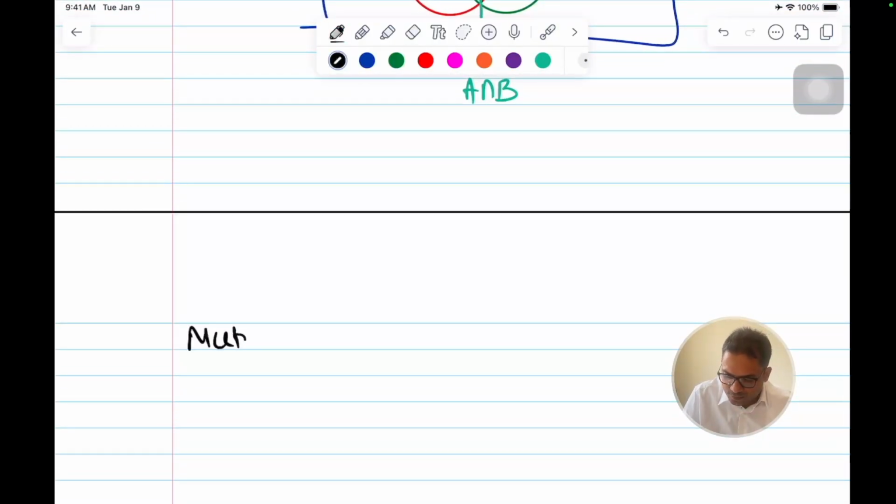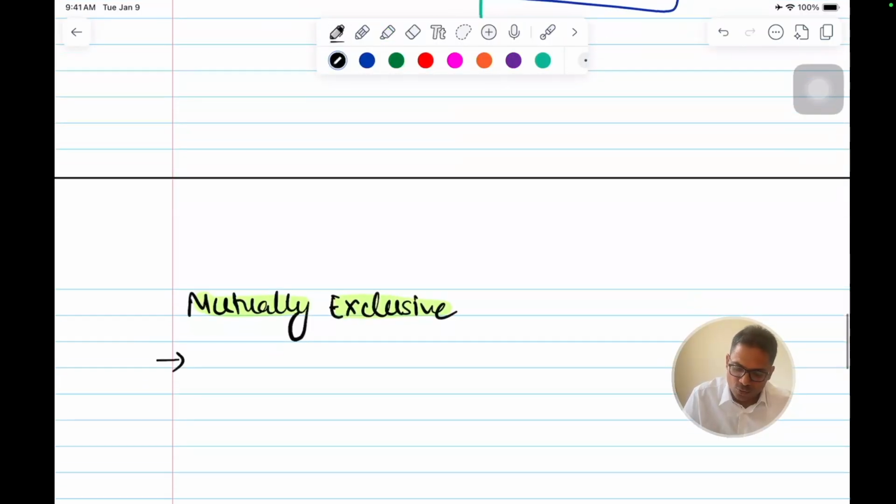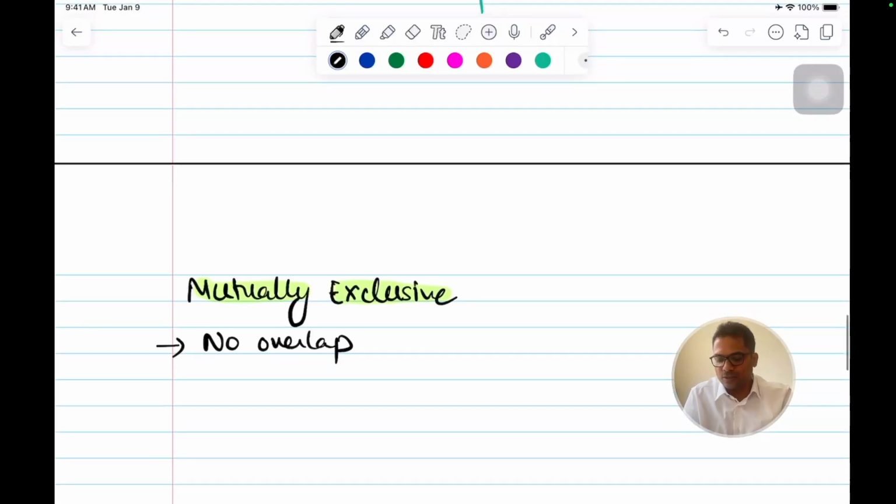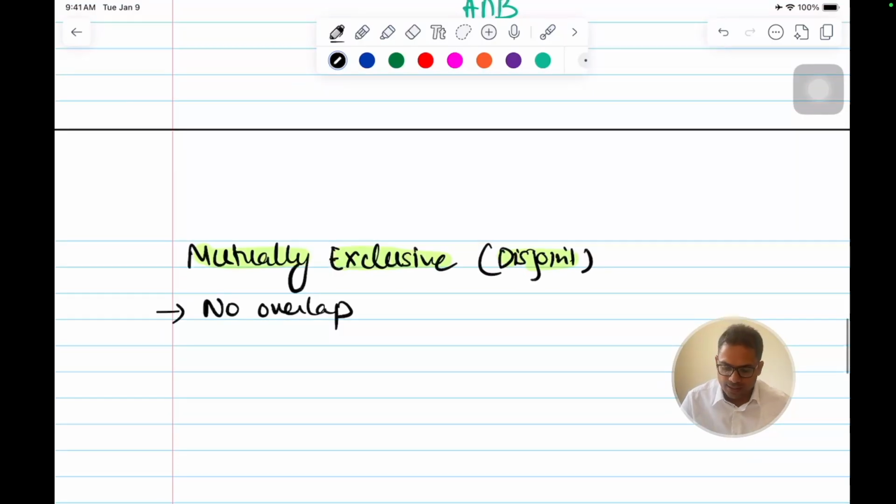Mutually exclusive means no overlap. This is also sometimes called disjoint sets. These two sets are called disjoint. They are not joint anywhere. There is no overlap or any common outcome.